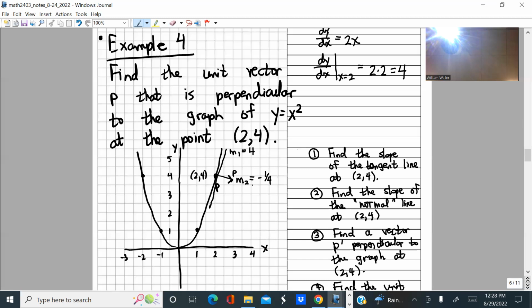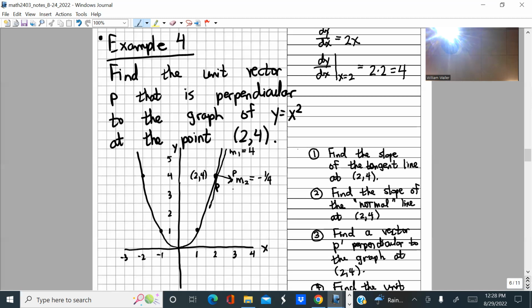Yeah, any magnitude you like. That's what I said, it doesn't have to be a unit vector. David, why does it not have to be a unit vector at this point? Yeah, ultimately, I think the question said find a unit vector, but why can't we just start with magnitude 1?